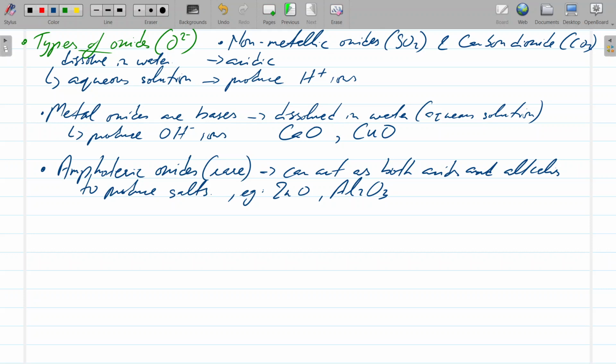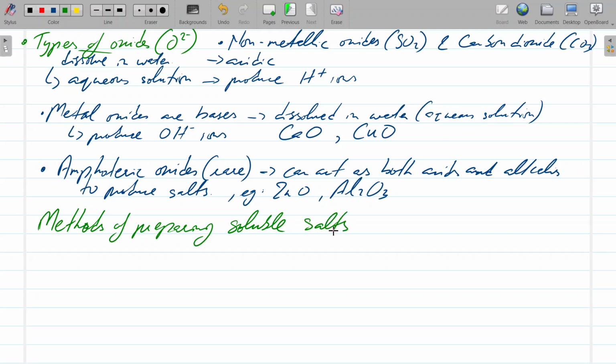So next up is methods of preparing soluble salts. For this, there are four methods.